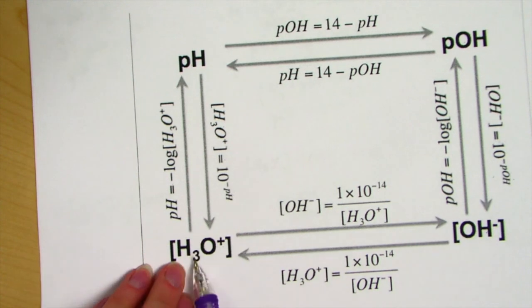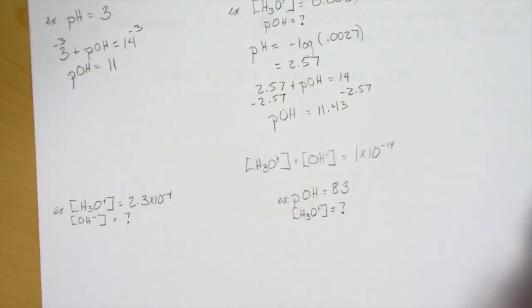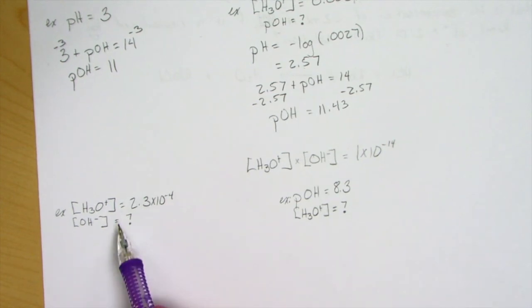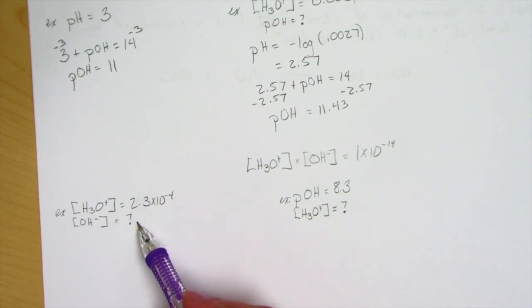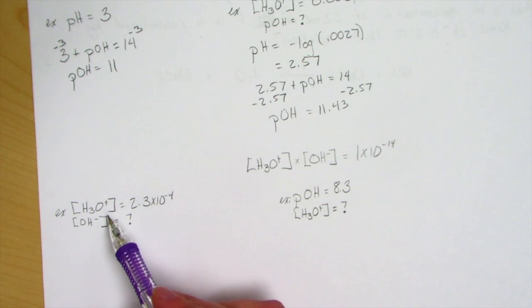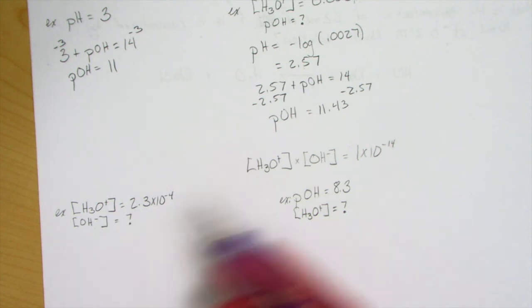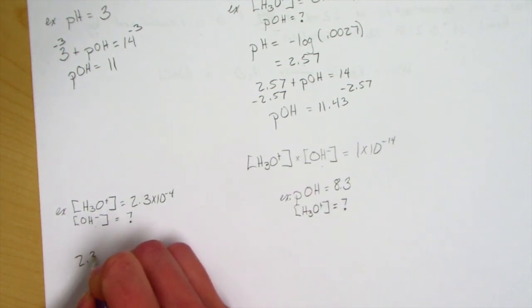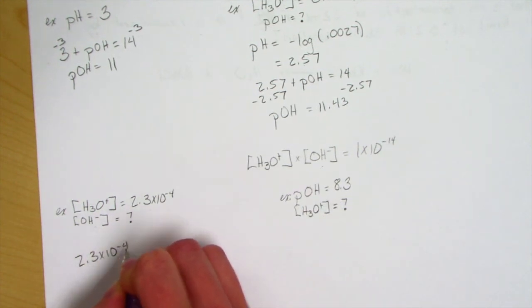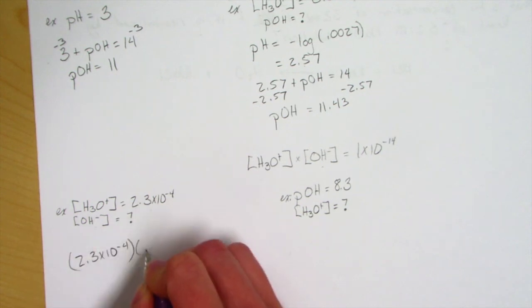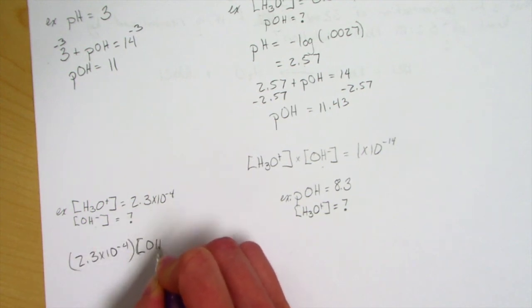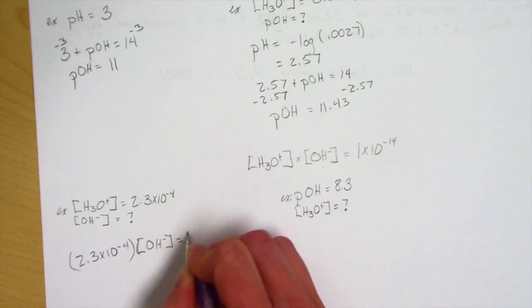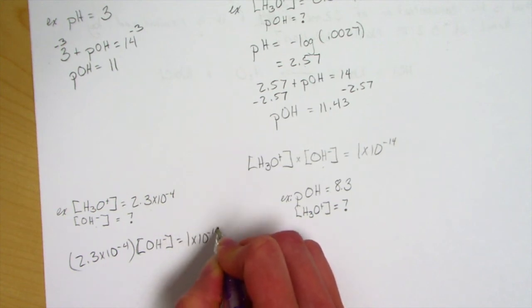Our last bit is looking at the difference between the concentration of H3O plus and OH minus. So I have a couple of samples here. The first example, I'm just given the H3O plus concentration and asked for the OH minus. So I'm going to plug it in to this equation we have here. 2.3 times 10 to the negative fourth times OH minus equals 1 times 10 to the negative 14th.